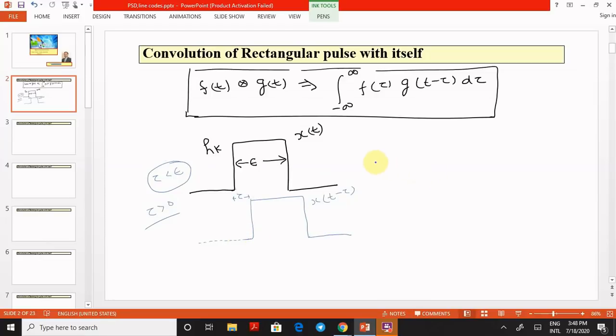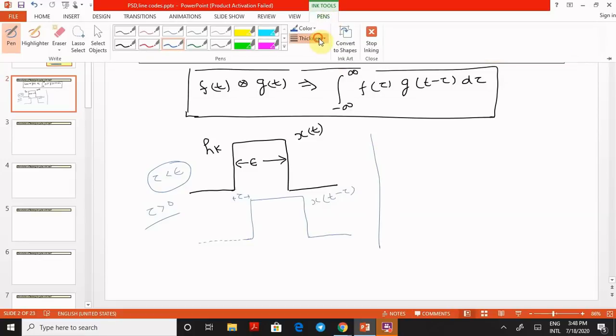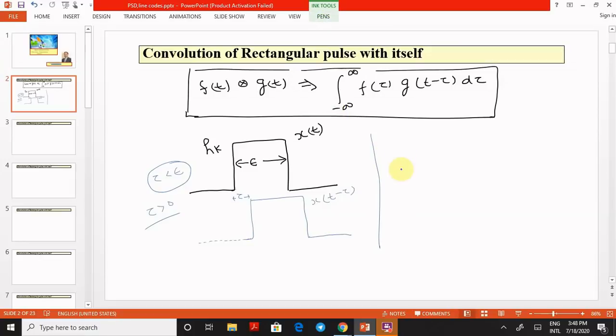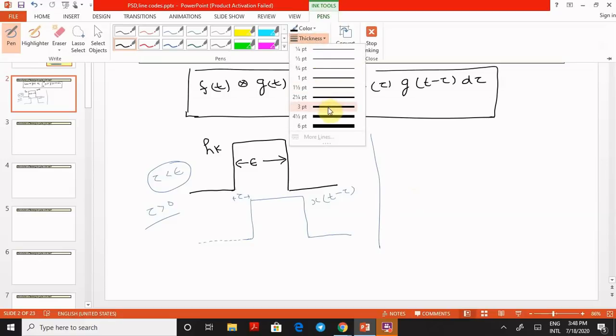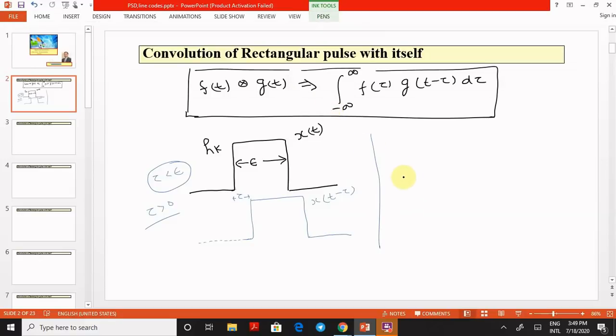If we want to see the horizontal view of this scenario, we have a pulse like this, and again the height of this pulse is hk and the width is epsilon.